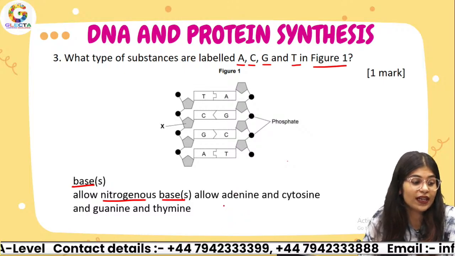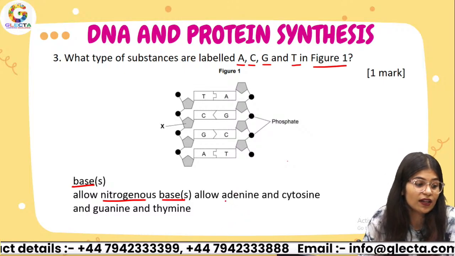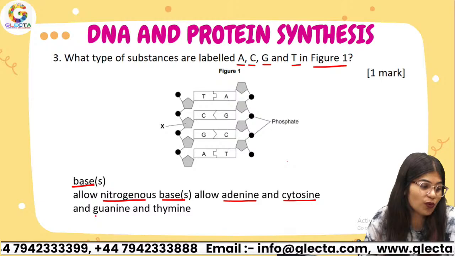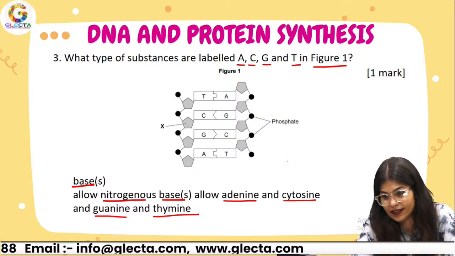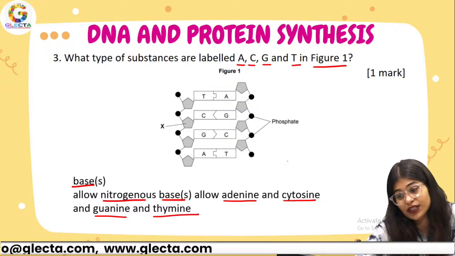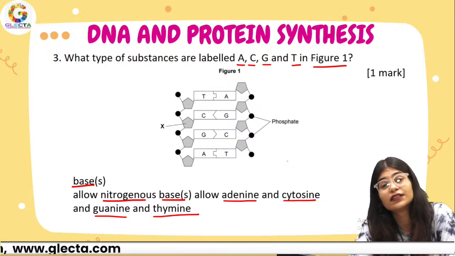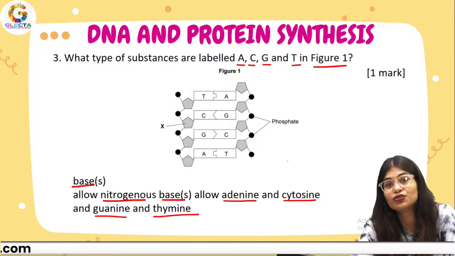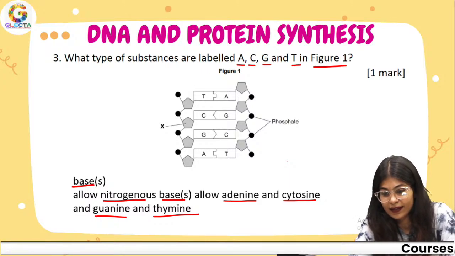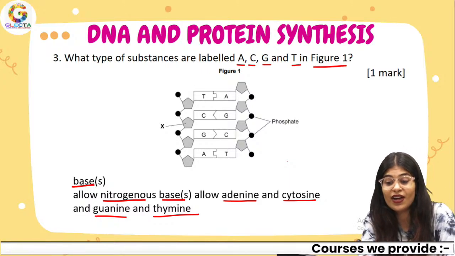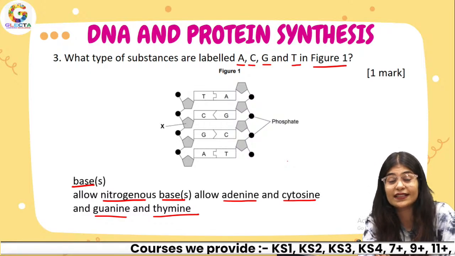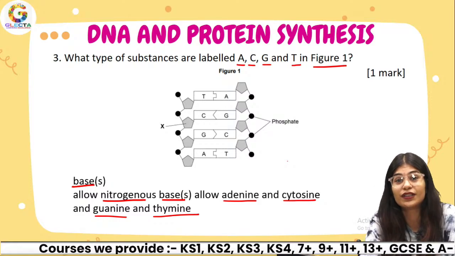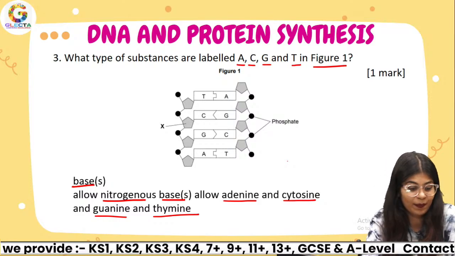And you can also say the names of AGTC, which is adenine, cytosine, guanine, and thymine. So you can say any of these. Hazel Brown says proteins. No, darling, it's not proteins. They're bases. They're nitrogenous bases. Not amino acids either, which are proteins. Amino acids are different. These were about nitrogenous bases.